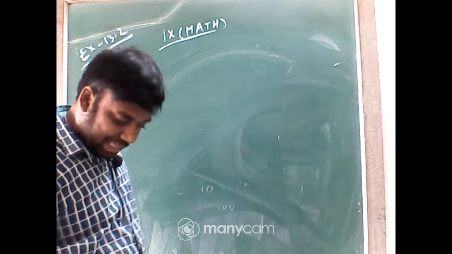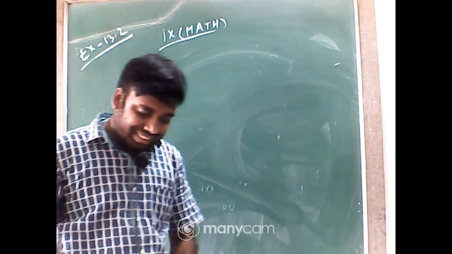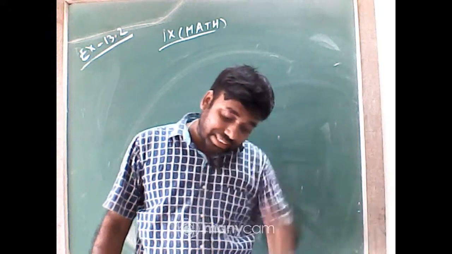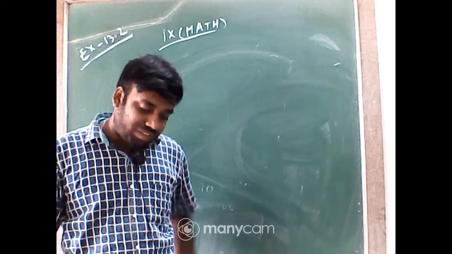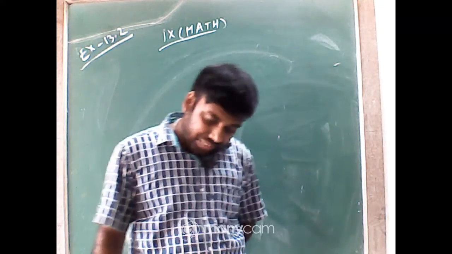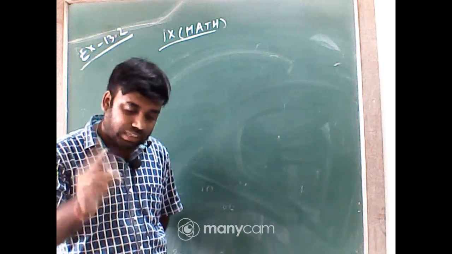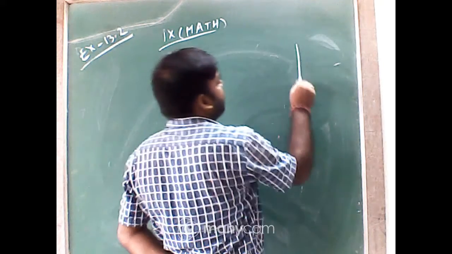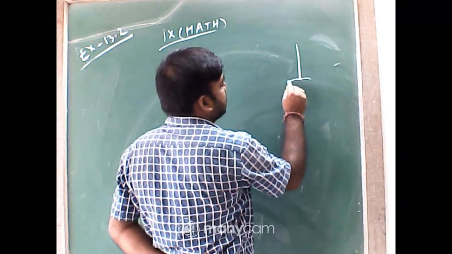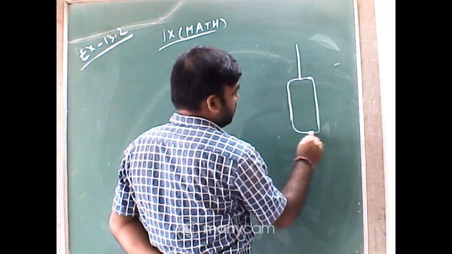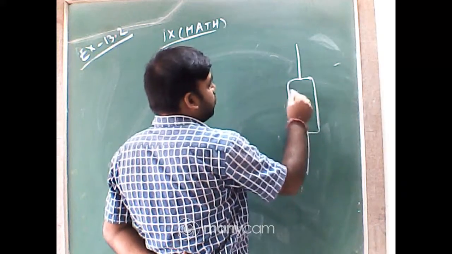Question number 8. In a hot water heating system, simply in words a geyser, there is a cylinder pipe of length 28 meter and diameter 5 centimeter. Find the total radiating surface. So we need that area.